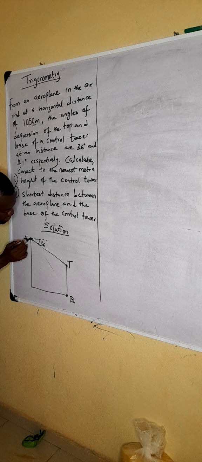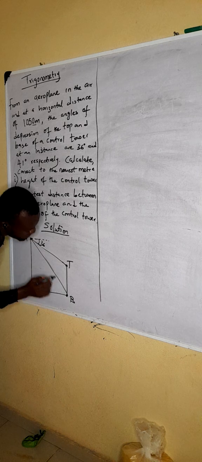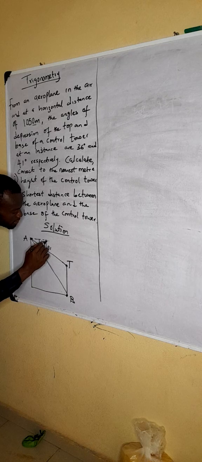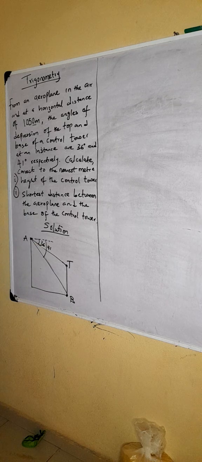So you have 41 degrees. This is the angle of depression. There's a theorem here that says that the angle of elevation and depression between any two given points are the same.